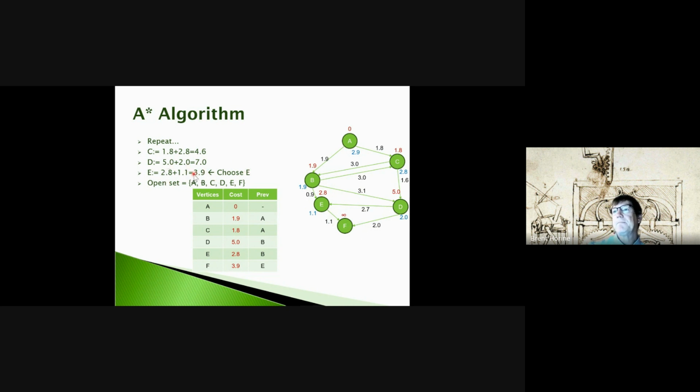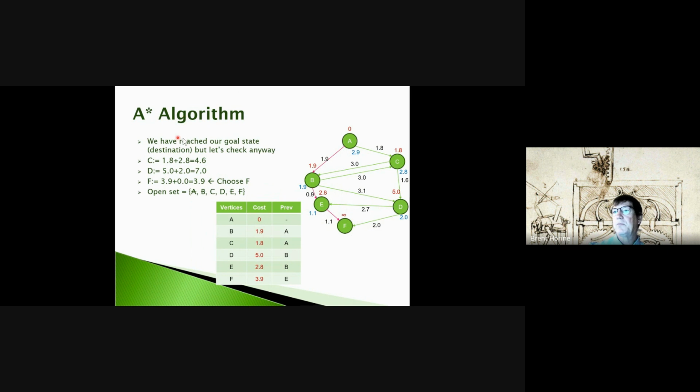All right, so we still have E as the smallest one, and so we're going to evaluate E, and then we'll take E. Actually, we'll add this number this time, and it's still the same, so it's 3.9, and we mark off E as visited, and then we can observe that we've reached our goal state destination.